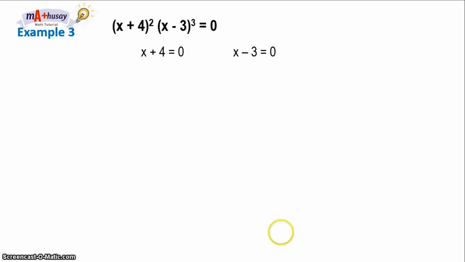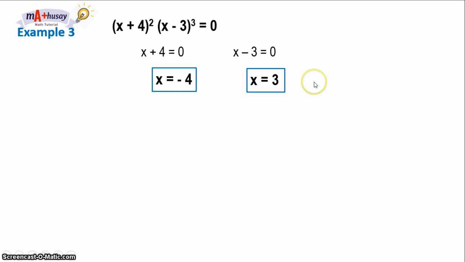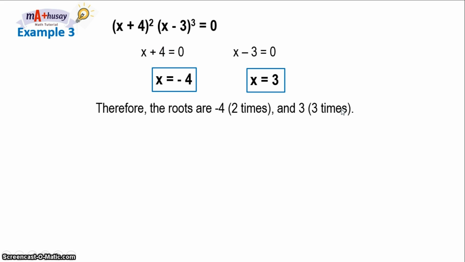To solve for x, we add negative 4 to both sides of the equation, then we have x is equal to negative 4. For x minus 3 equals 0, the value of x should be positive 3. Therefore, the roots are negative 4, which occurs 2 times, and 3, which occurs 3 times because of this exponent.